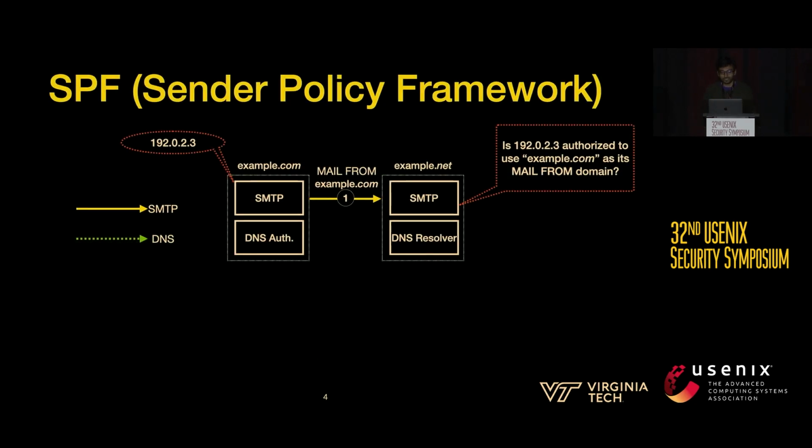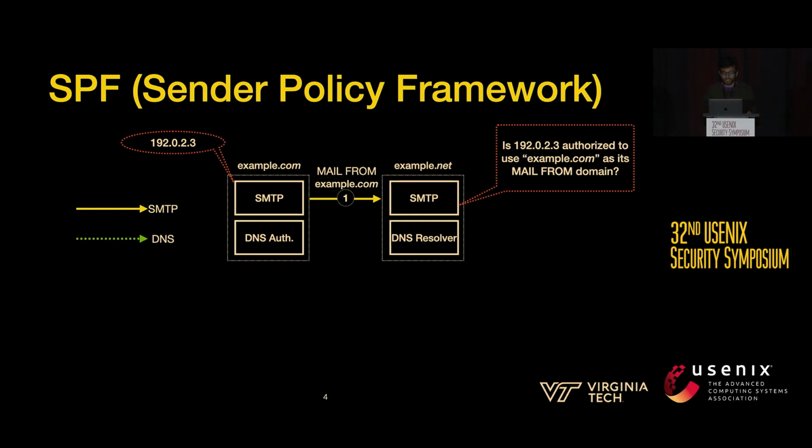SPF basically allows the receiving mail server to check whether the incoming IP address is authorized to use the sender's domain. For example, here the connecting IP from the sender is 192.0.2.3. The recipient wants to know the answer to the question: is that IP authorized to use example.com as its mail from domain?